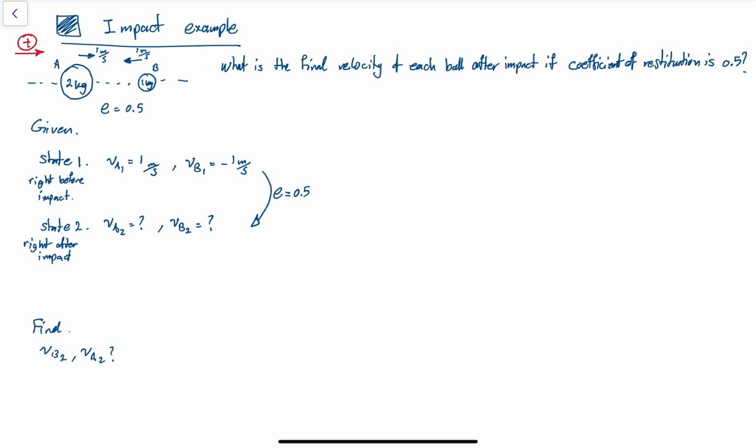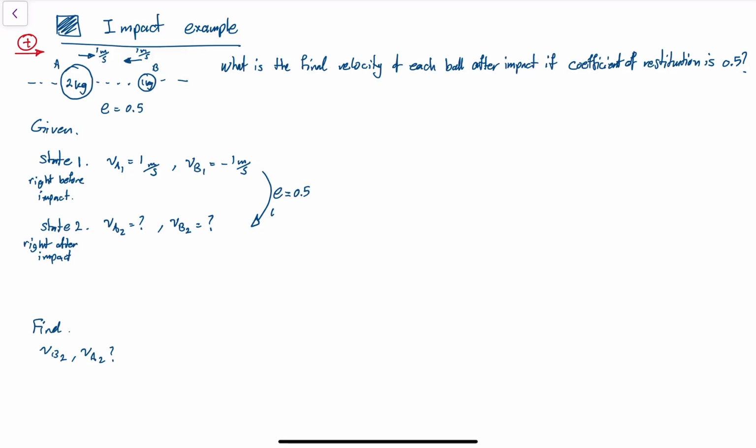So the only main force acting on the bodies during impact, during this transition from state 1 to state 2, is the internal impact impulsive force between the two bodies. So from outside, looking at both bodies together, there is no external force during that very short amount of time.